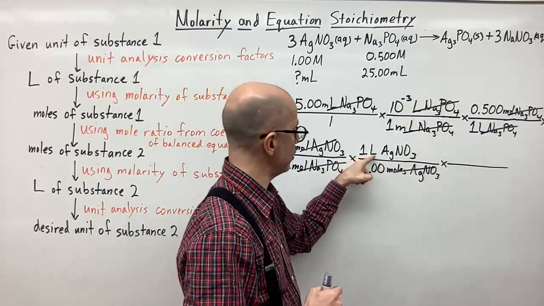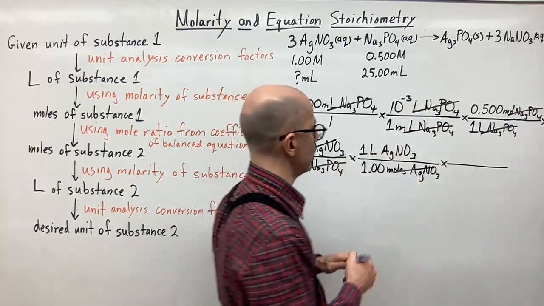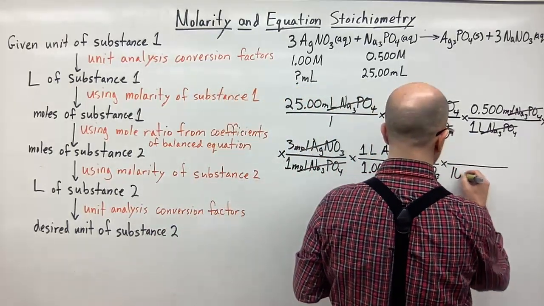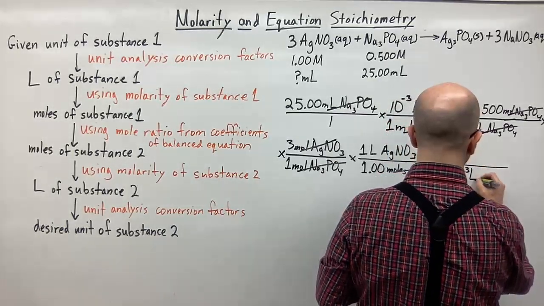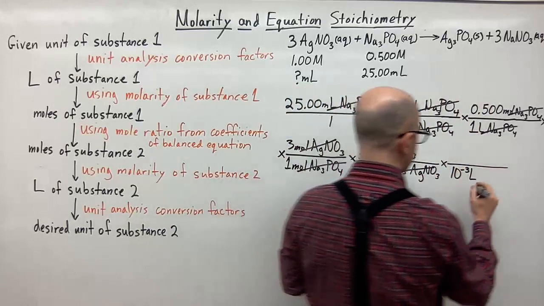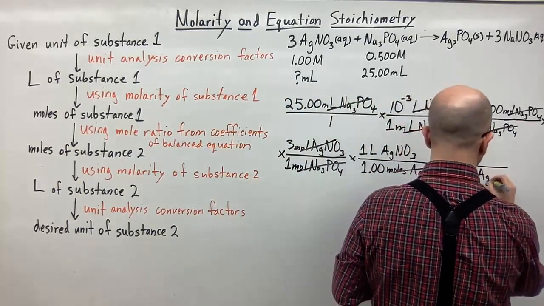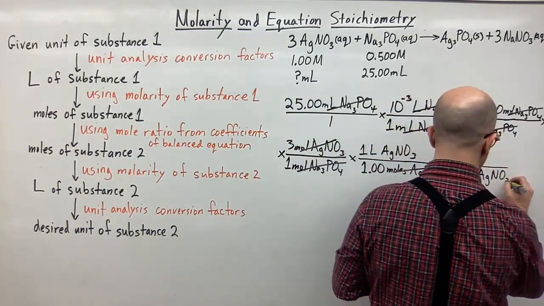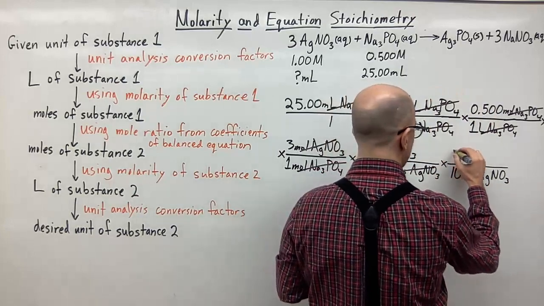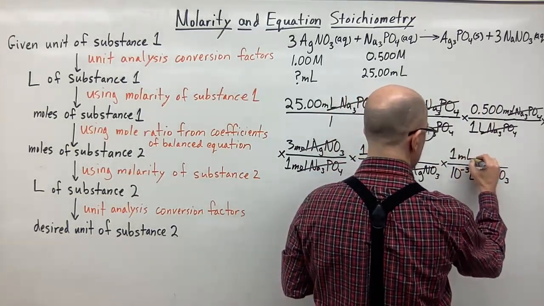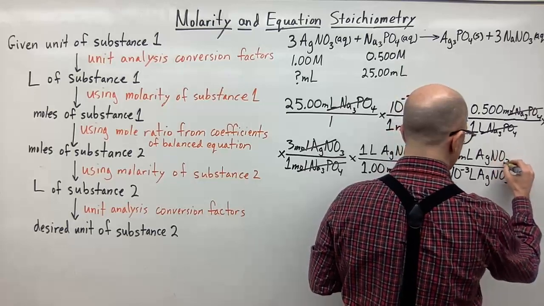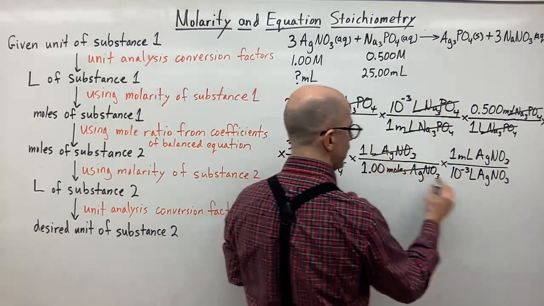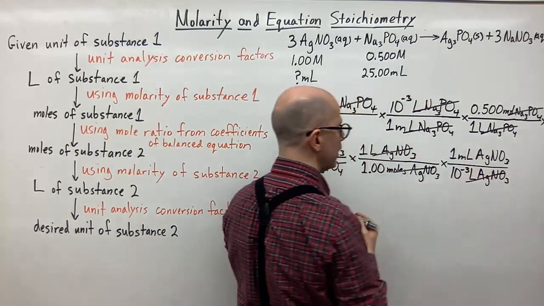This time I have liters on top, so liters is going to go on the bottom. So here 10 to the minus 3 liters of silver nitrate, AgNO3, is on the bottom, and 1 milliliter of this silver nitrate is on top. So liters cancels out. Now I have milliliters.